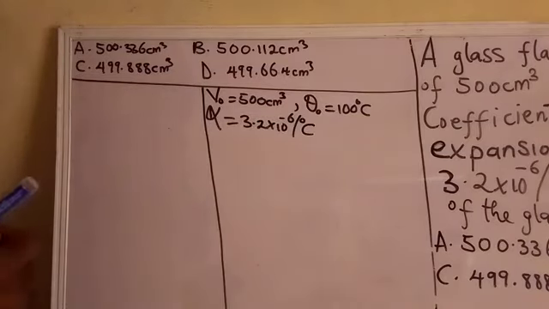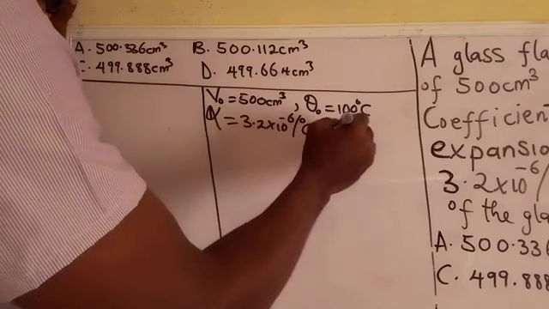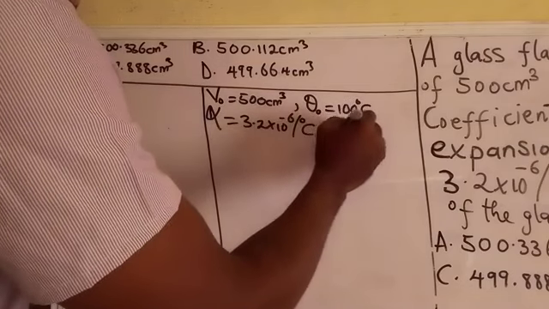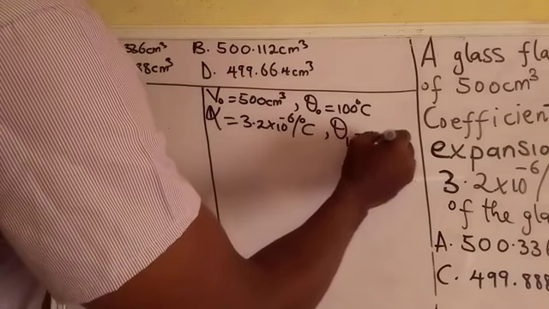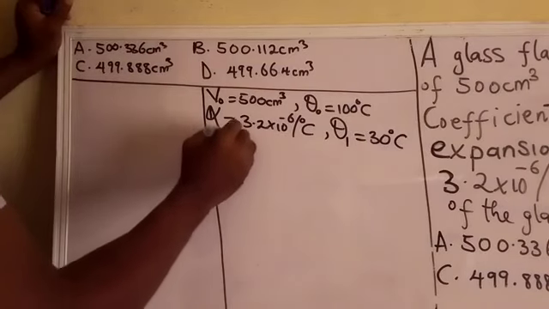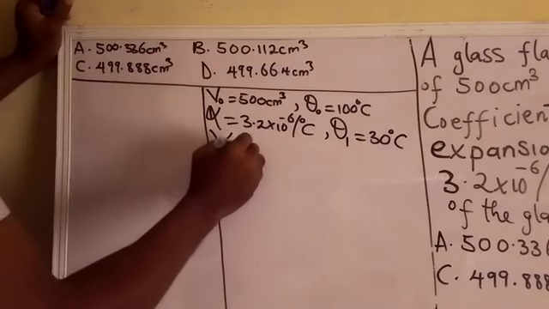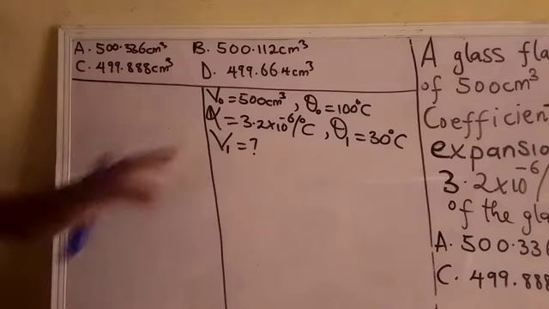Then we're asked to find the volume of this glass when the temperature, let's say theta 1, becomes 30 degrees Celsius. We take that volume to be V1.